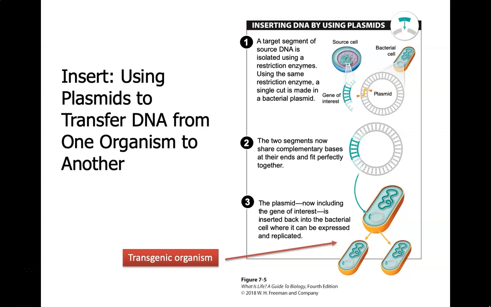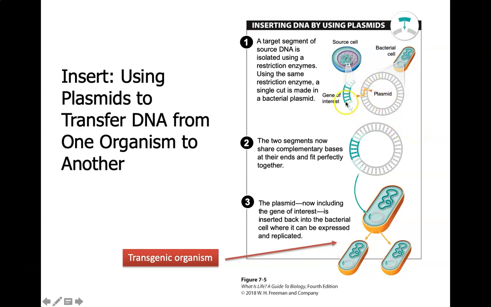They occur naturally and they generally encode things like antibiotic resistance or the ability to utilize a particular nutrient in the environment, but it is separate from its main DNA or its genomic DNA. And we use this because they're sort of temporary molecules.